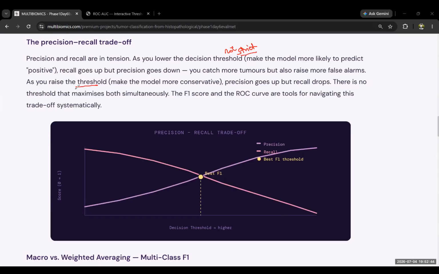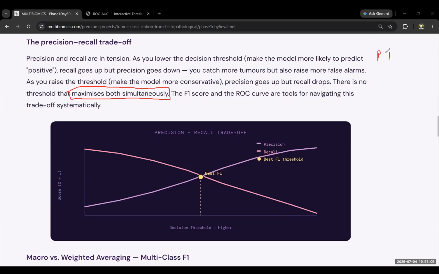But if you have a higher threshold, the model is more strict, and it is known as a more conservative model. The precision will go up, but whenever the precision is going up, the recall is going down. So you cannot have a threshold that maximizes both simultaneously.